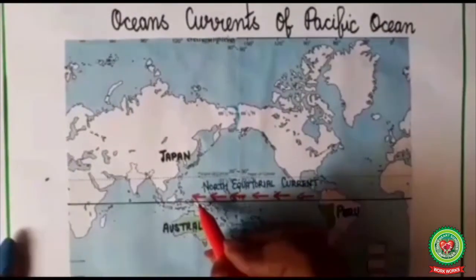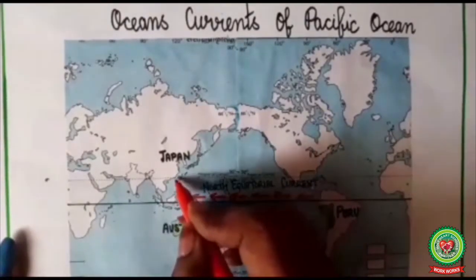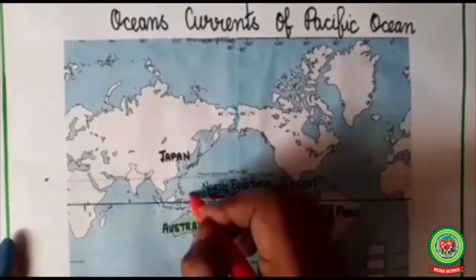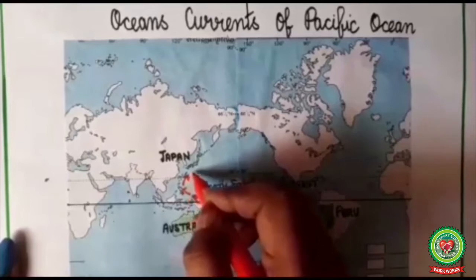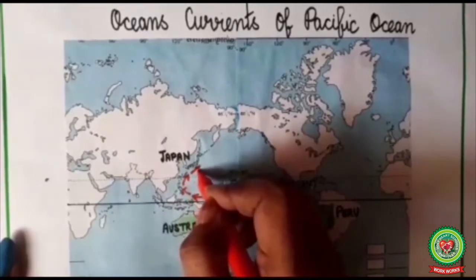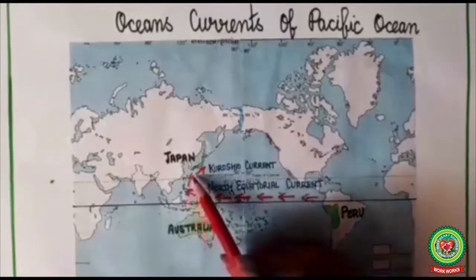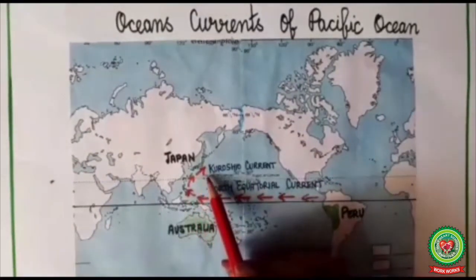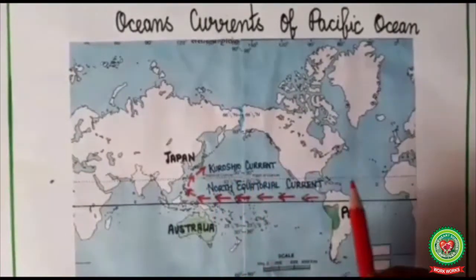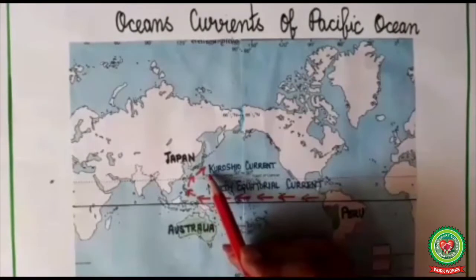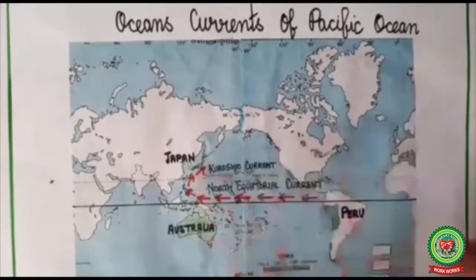The North Equatorial Current strikes the Philippines. You can see these are the islands of the Philippines, and it is deflected towards the north along the coast of Japan. Here it is named as the warm Kuroshio current. As it is a warm current, it brings heavy rainfall in the eastern coast of Japan.